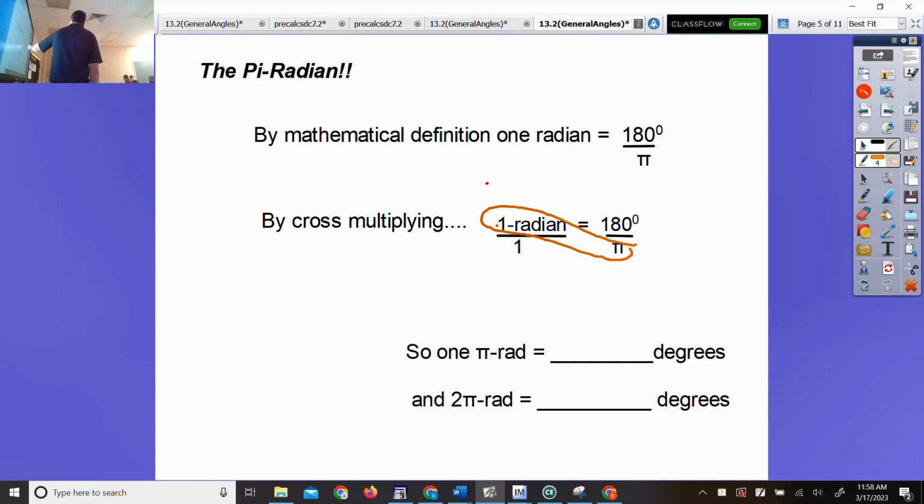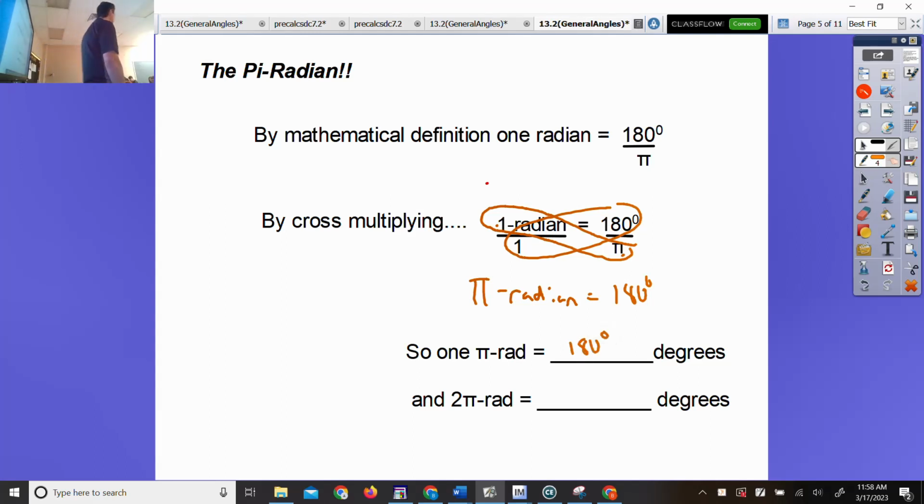What's 1 times pi? A pi radian is equal to 1 times 180 degrees, so pi is worth 180 degrees. A pi radian is the measure of half a circle. How about 2 pi radians? 360. 2 pi is the measure of a full circle.